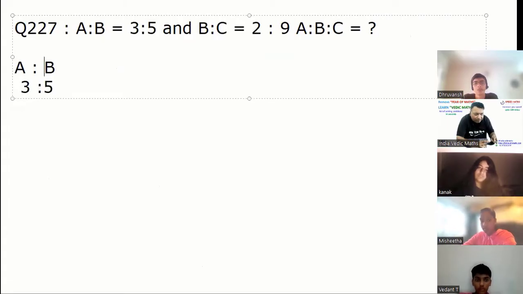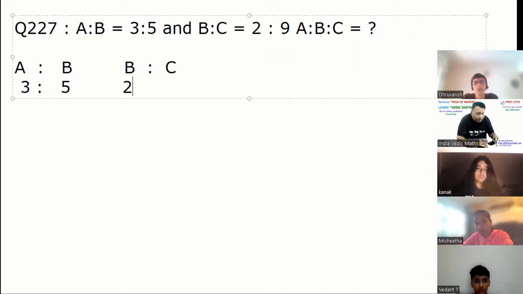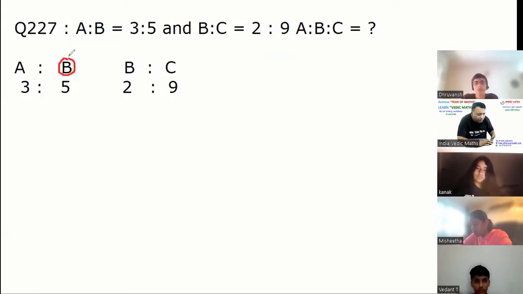Agree? And you are going to combine it with B is to C, which is 2 is to 9. The method to compound the ratio was, whichever is common. Which is the common thing here? B. B is common between both, right?